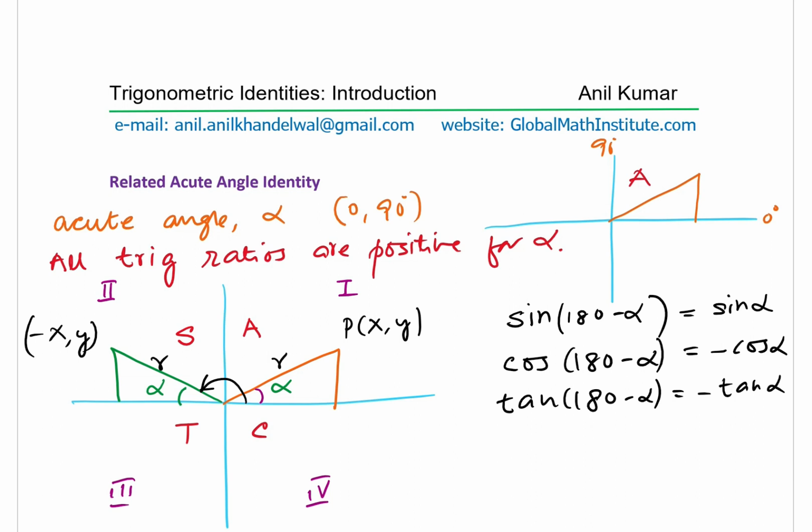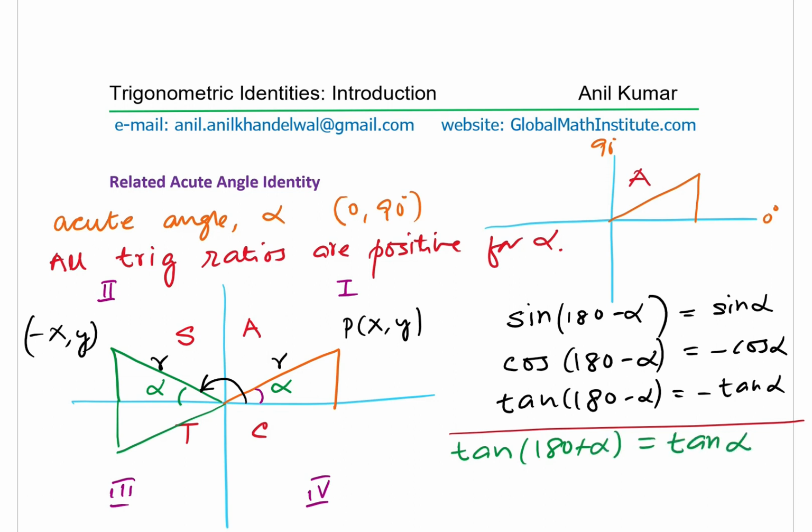Now you could also show that if I'm working in the other quadrant, which is quadrant 3, the angle will be what? Tan is positive. So tan of 180 plus alpha will be equal to tan alpha. Perfect, because both the coordinate values will be negative, and when you find the ratio, it will be positive.